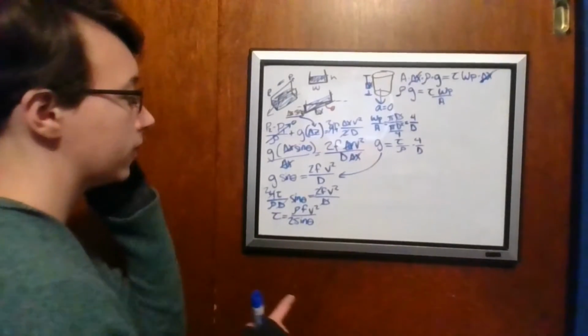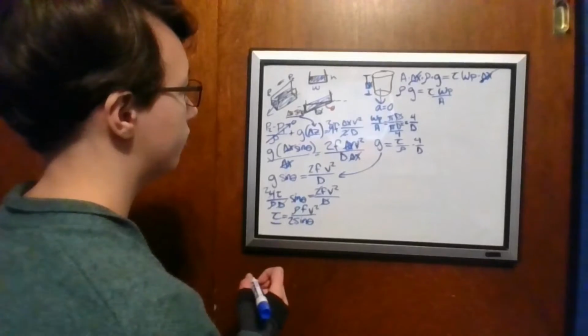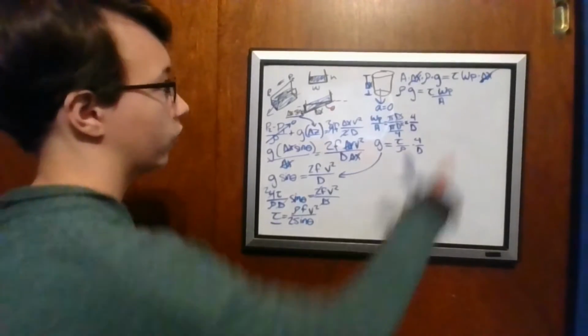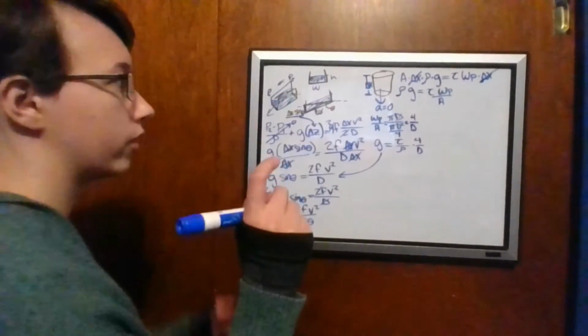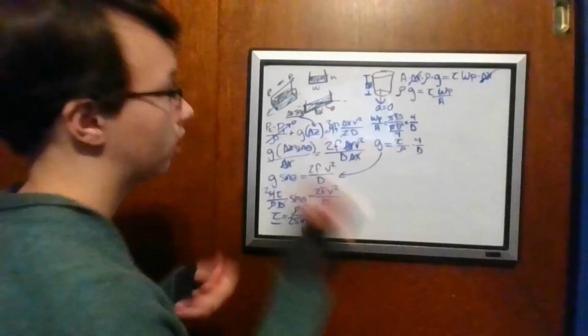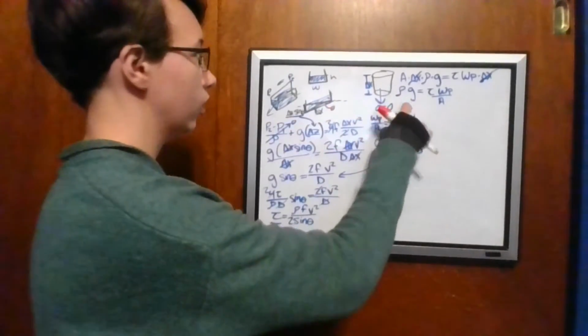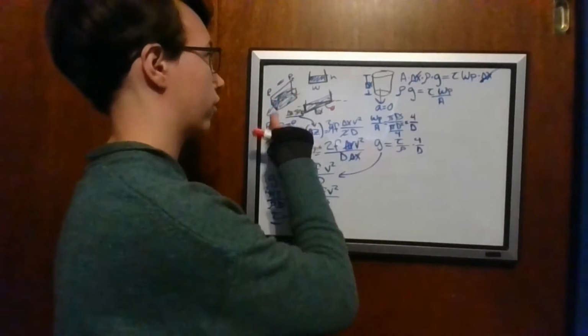Okay, so from this part, we found our shear stress, and now we want to go back to this equation and solve it for this geometry. So I'm going to switch colors to try and make it a little bit more clear. We need to find the wetted perimeter to area ratio for this geometry.